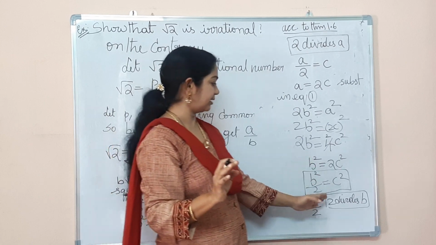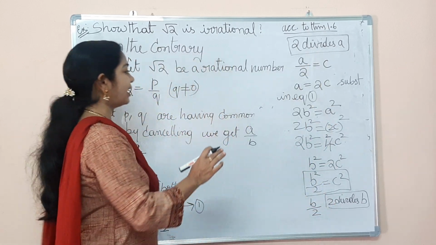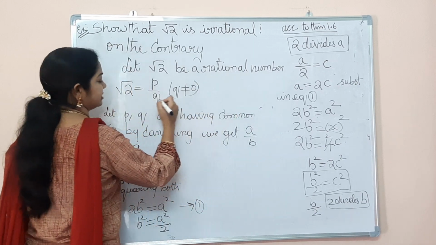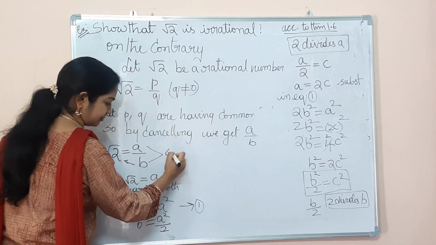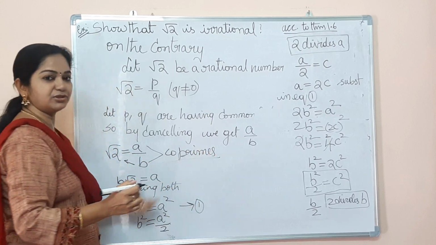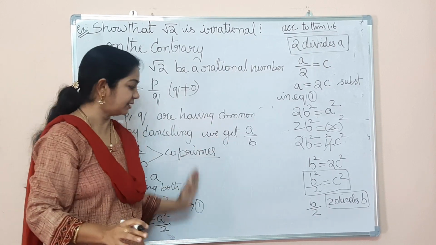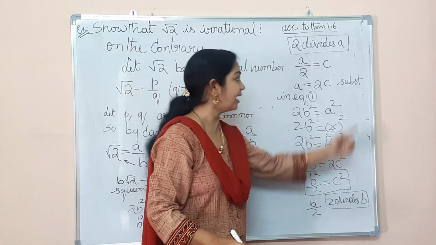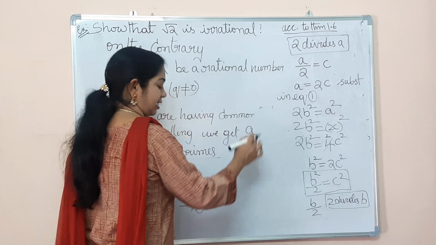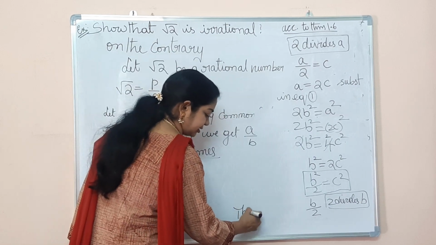Here we told that A and B are co-primes. Co-primes means they should not have any common factor. But in the conclusion we got that they have a common factor 2. That means this is a contradiction.